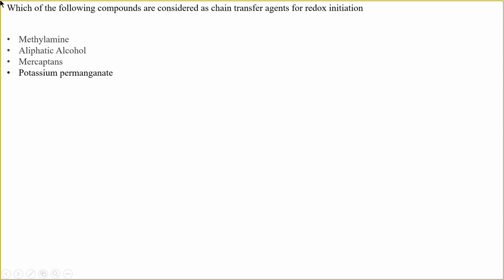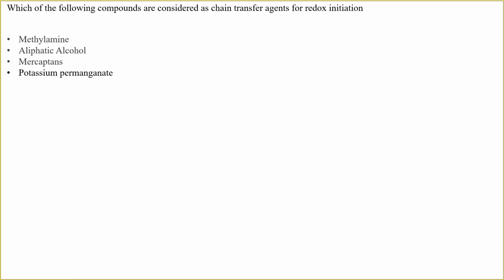So the compounds which are considered as chain transfer agents for redox reactions are, amongst these, methylamine, aliphatic alcohol, and mercaptans, because they are easily able to transfer free electrons to other propagating chains. They are very capable of transferring free electrons, as they themselves have quite an abundance of electrons.